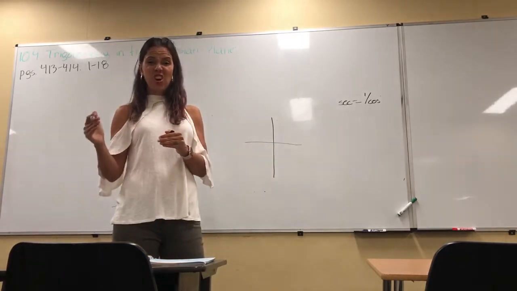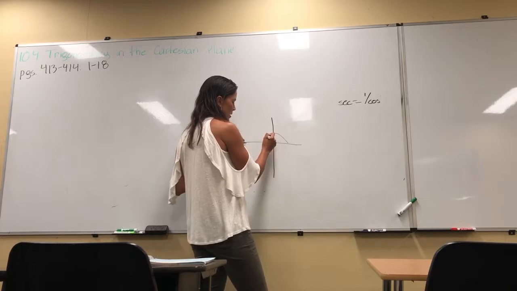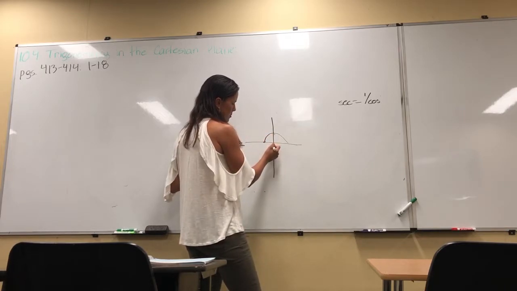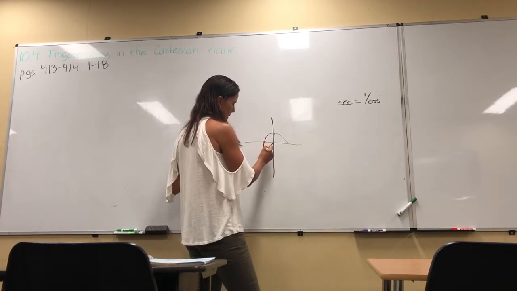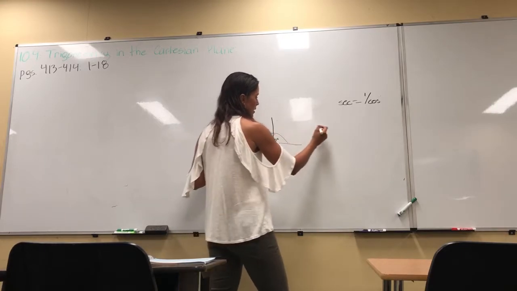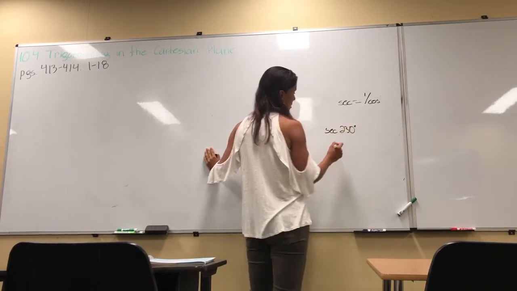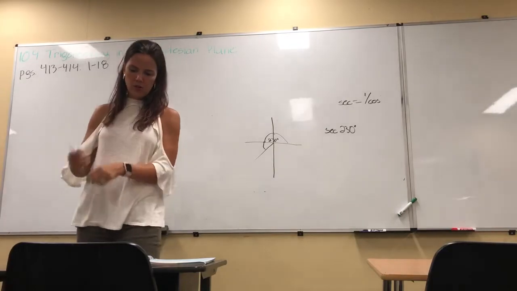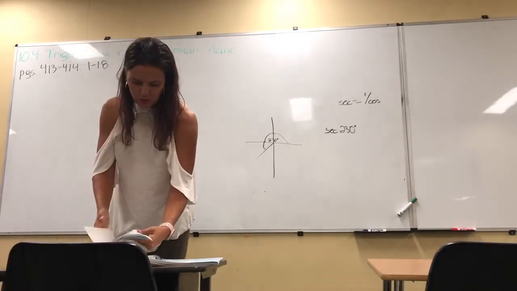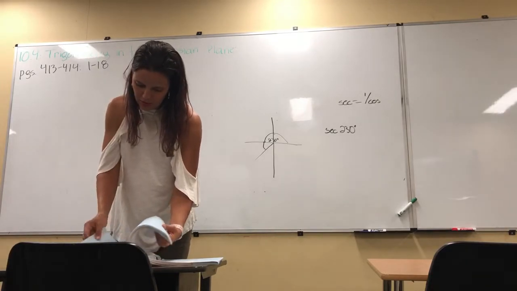Now they're giving you a positive value, right? So you've got to go 90, 180, and 230 is going to be somewhere past the middle here. So this is your 230 degree angle, and they want the secant. Now, if you go to the back of the book, say you forgot your calculator, and you go to those pages that have the tables, you will notice that those tables don't make it all the way to 230.